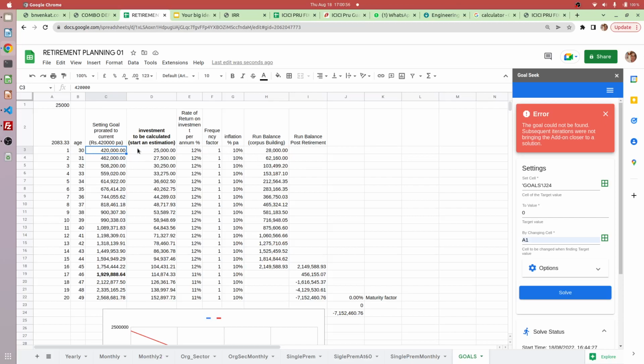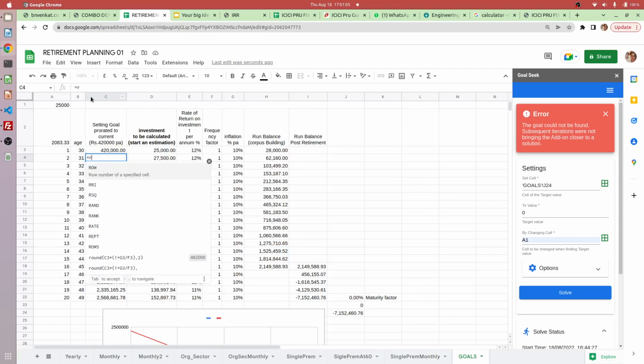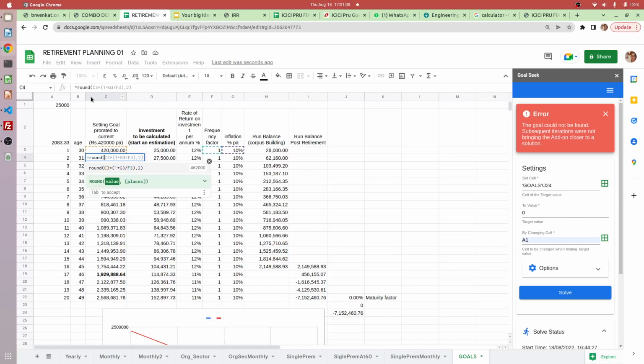Inflation is 10%, and therefore the next year's figure we round off. If you want, I can re-enter it, rounded off: the previous figure C3 multiplied by one plus inflation percent divided by frequency factor, comma, 2 decimal places.